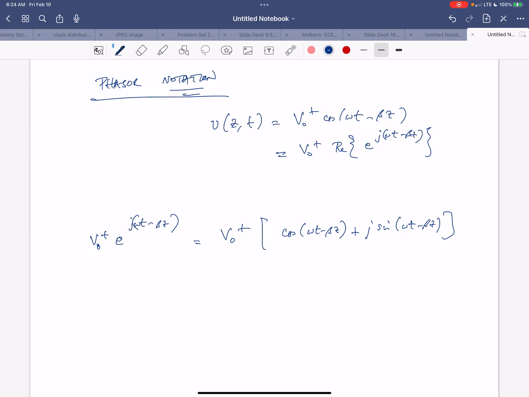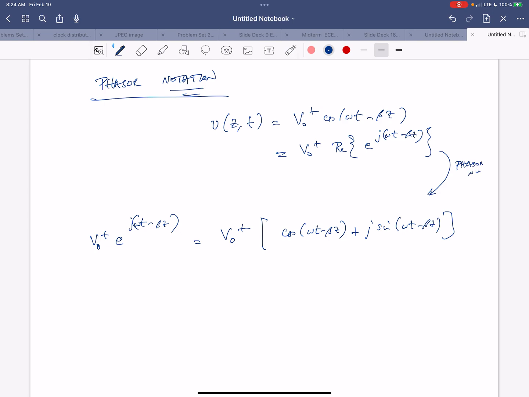I'm just doing math. Okay? And so in the phasor notation, what they're trying to do is to stop keeping track of omega t and stop keeping track of this real part business.